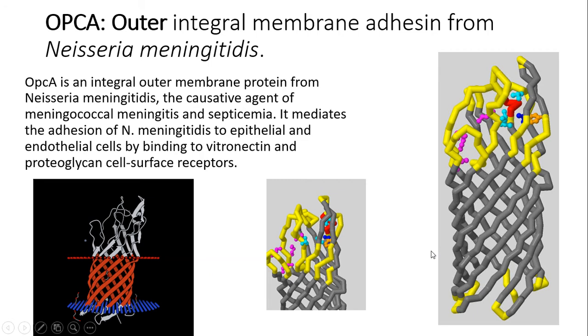Next up is OpaA. This is the outer integral membrane adhesin. This is interesting. This comes from the bacteria Neisseria meningitidis, which causes meningitis. This is a fascinating protein because it is actually embedded in the membrane of the bacteria.